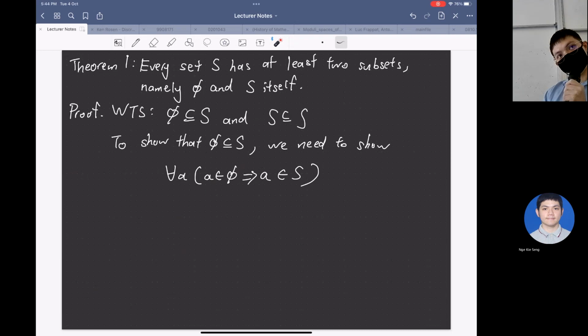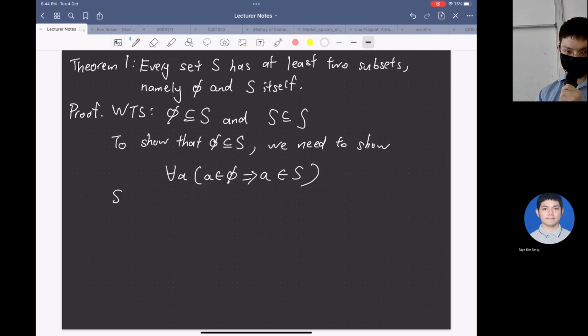The set that contains no element. So a in the empty set is false, right? There's nothing here. False implies true is true. So this statement is vacuously true.